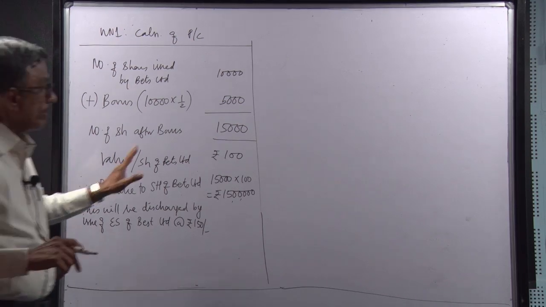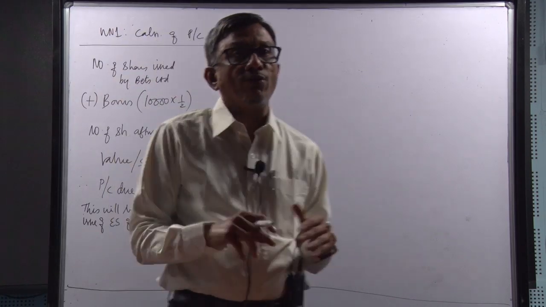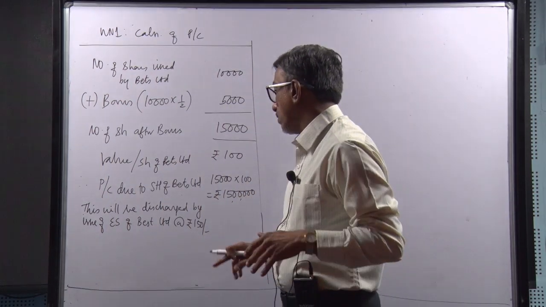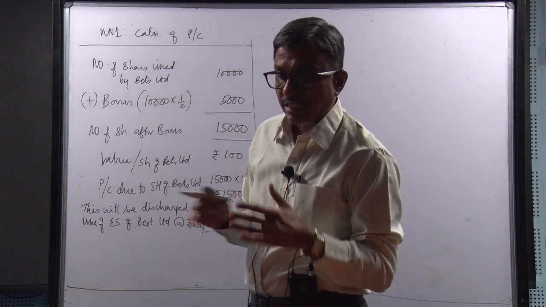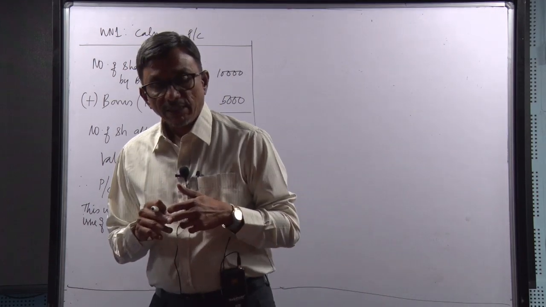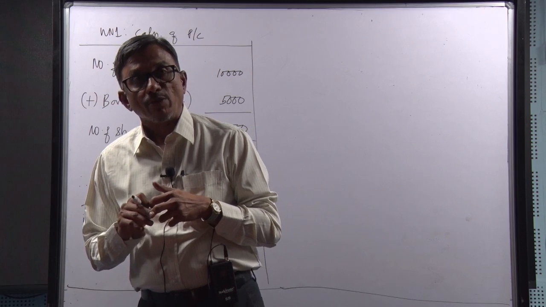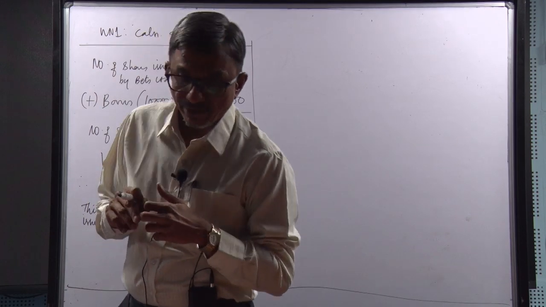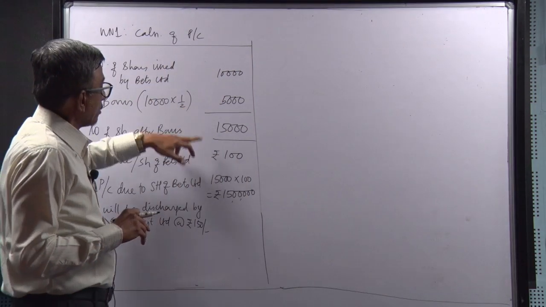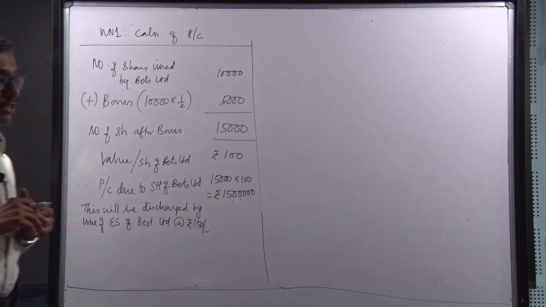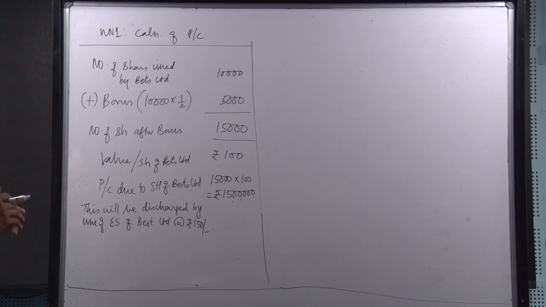So you have to issue equity shares for a value of 15 lakhs. One share will be 150 rupees, that is given in adjustment C. You can see that the value of shares of Best was considered to be 150 and the value of shares of Bets was 100. So for 15,000 shares, you have to pay them 15 lakh rupees. You will be issuing that at the rate of 150 per share.